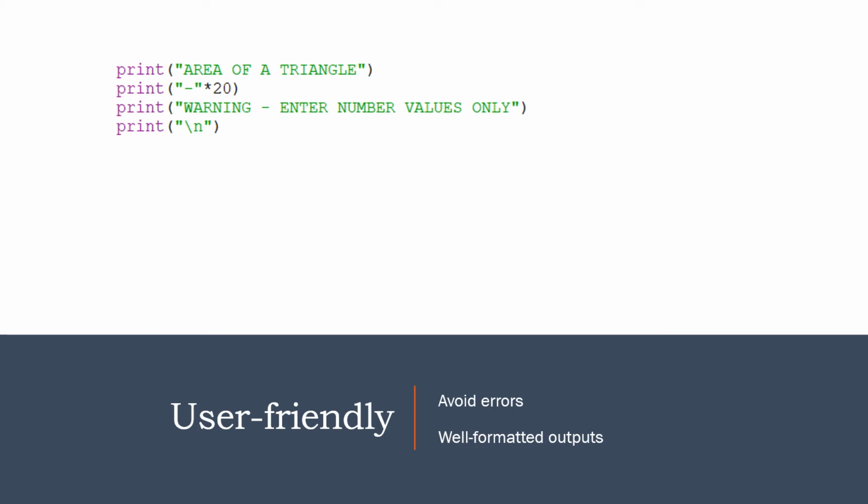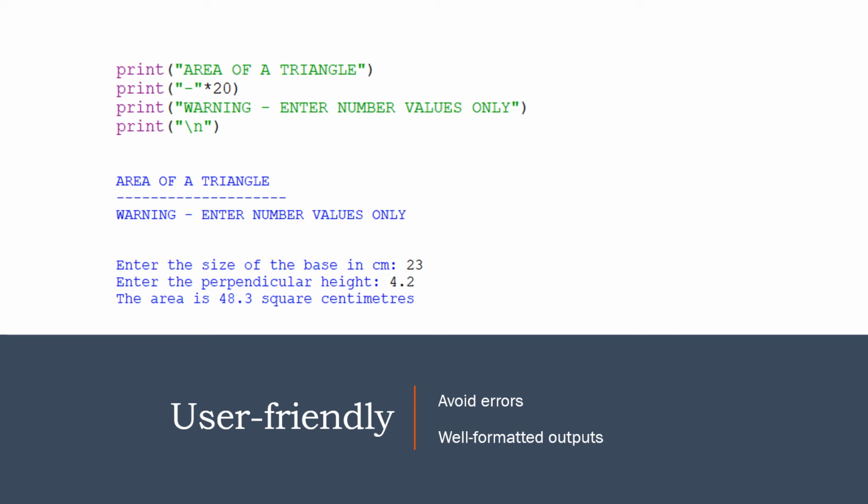So under the line that says this is the area of a triangle, I've written a warning: enter number values only. The final line there, print \n, that throws a blank line. So when we run the program, it says area of a triangle, warning, enter number values only. There's a blank line and then the input part of the program.